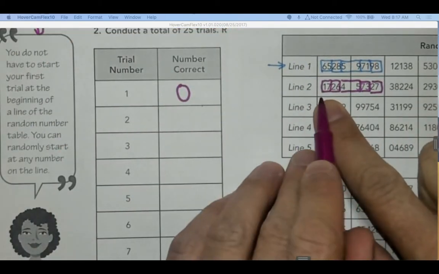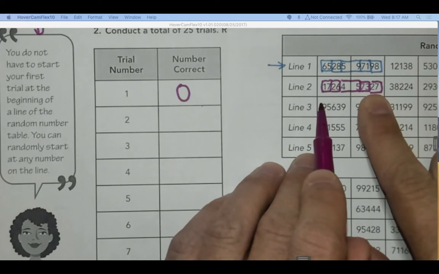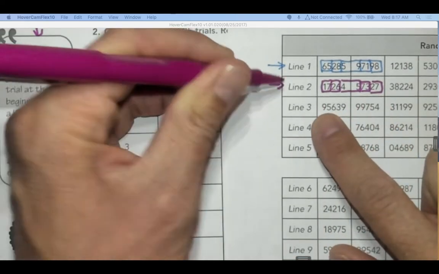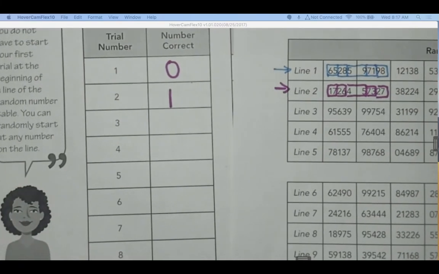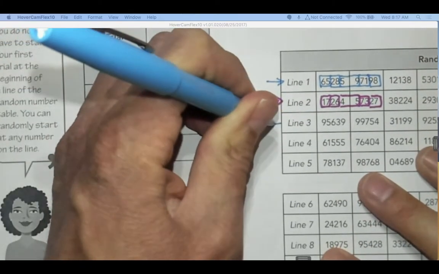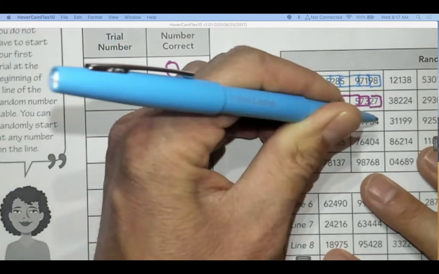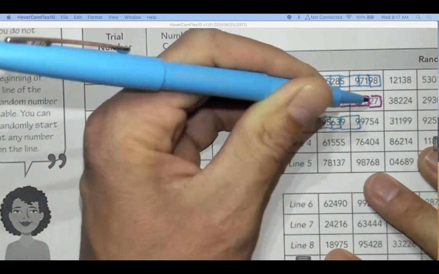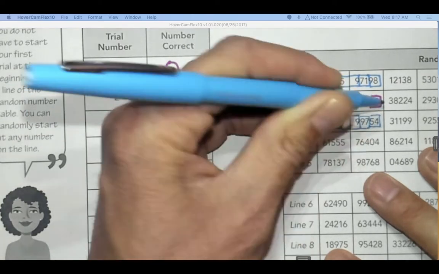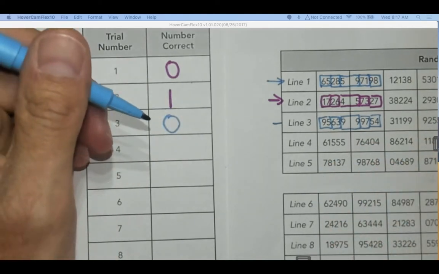So correct, incorrect, incorrect, incorrect, incorrect. So I would have gotten 1 right for my second trial. Then third trial, I am going to have 95, 63, 99, 97, 54, all incorrect, and so I would have had 0 correct that time.